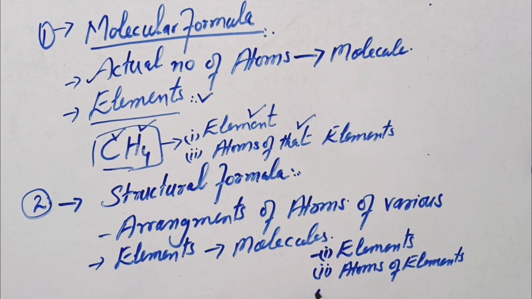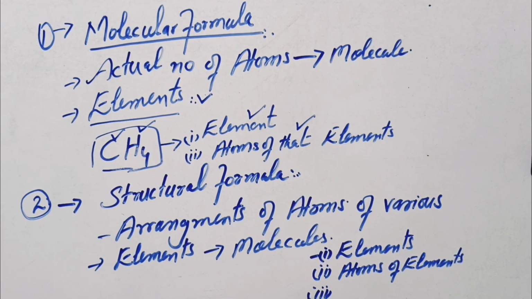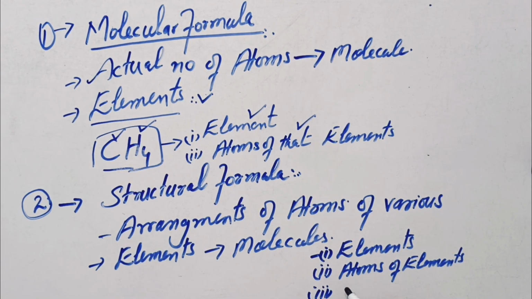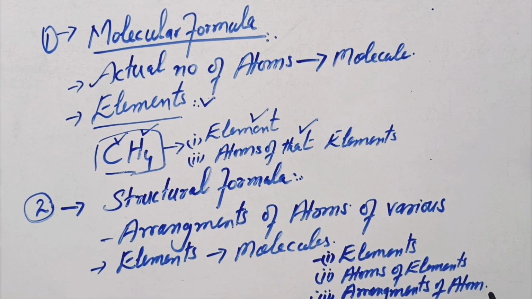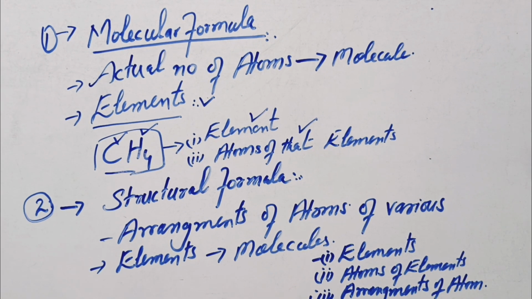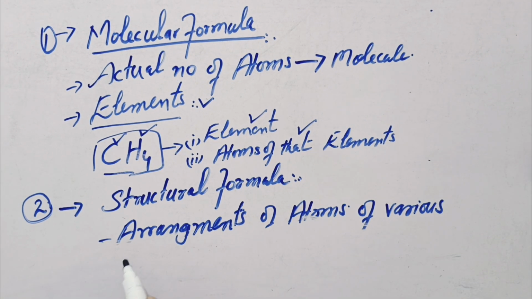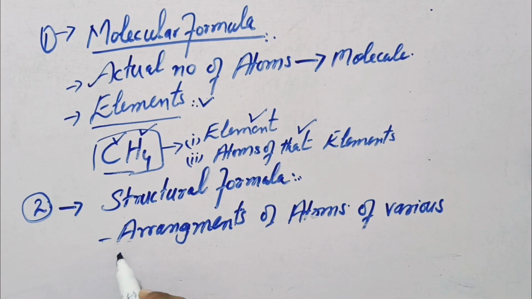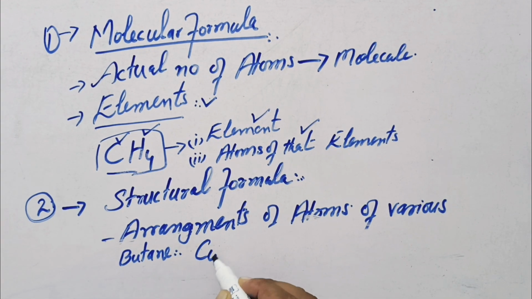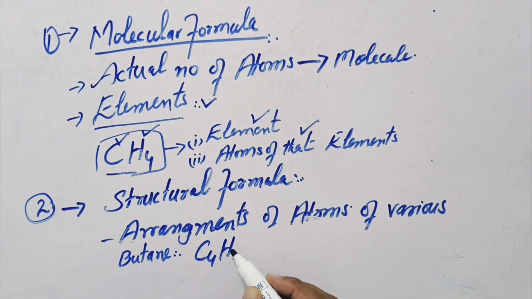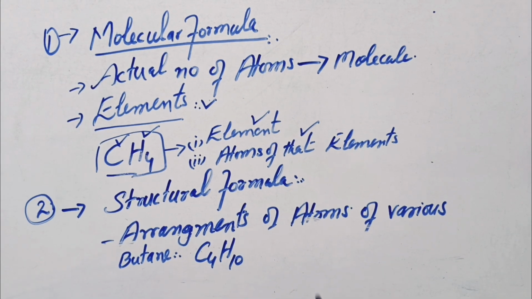And third, we get the arrangement of these atoms in the molecule. Now we take the example of a butane molecule. Its molecular formula is C4H10. Now we write its structural formula.